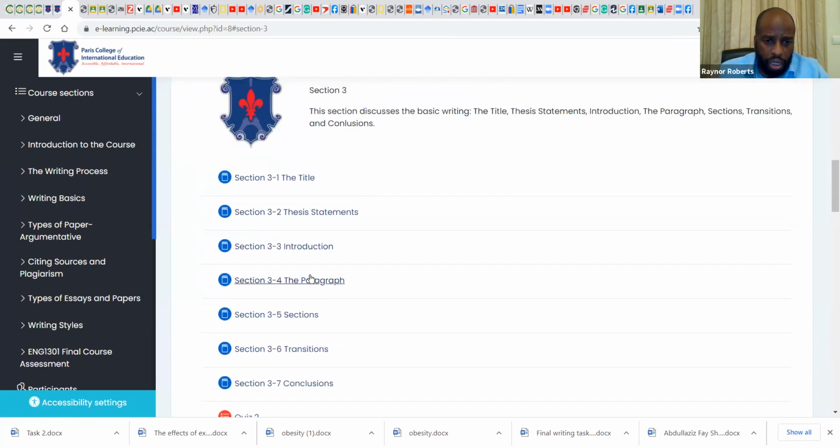Here you see transitions. Transitions are important because they help you with cohesion, right? More important than signal words or transitional words is that you use transitions through the development of your sentences. So your ideas should transition well.